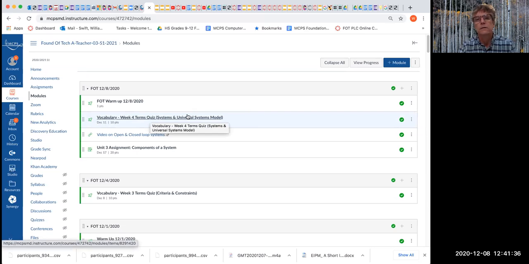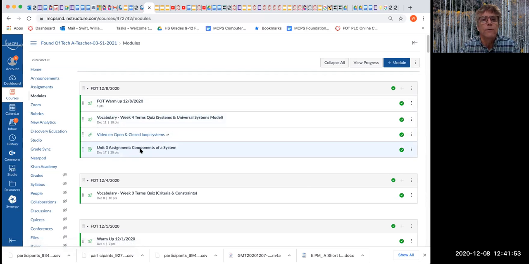This vocab quiz is actually going to be part of the next vocab quiz that we do. I'm going to put two together because we need to reduce the number of assignments. What is in here is the Unit 3 assignment, the components of a system. We'll go over that. There's a video on open and closed loop systems that we'll watch.